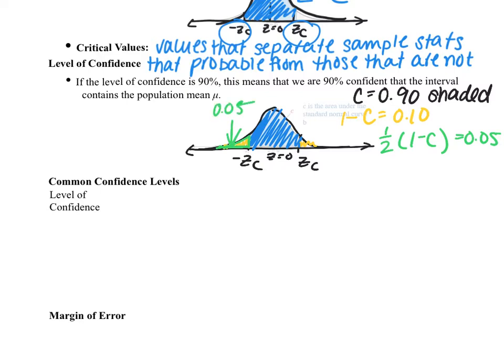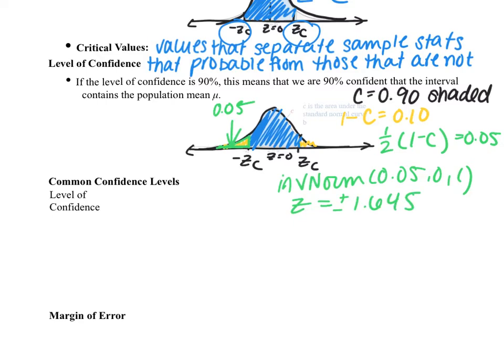So we can go back to that warm-up problem and say, okay, for an inverse normal of 0.05, we get a z-score of plus or minus 1.645. Now, the nice thing about this is that there are common confidence levels.